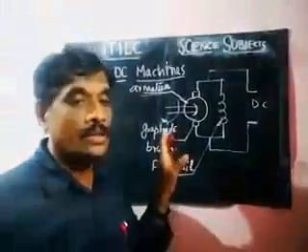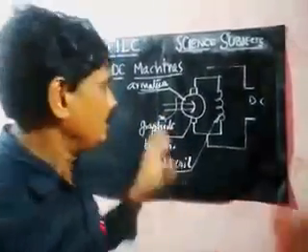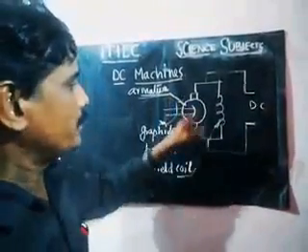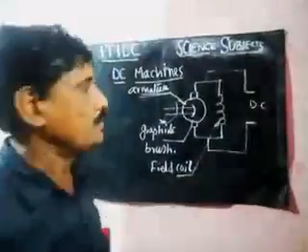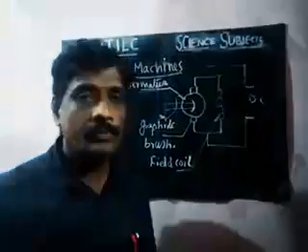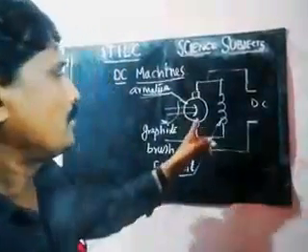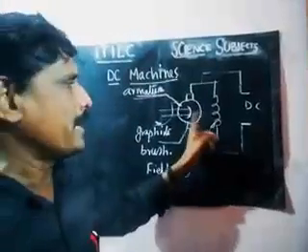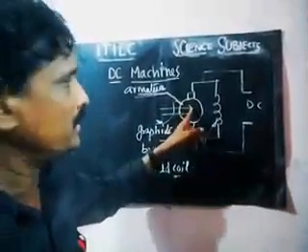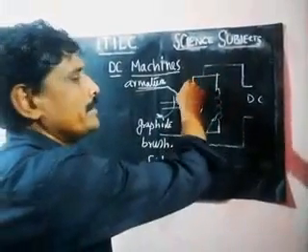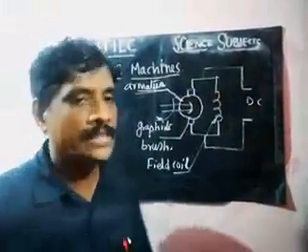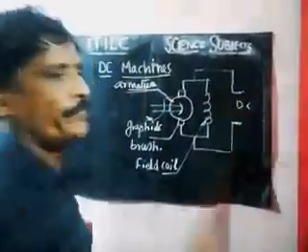Many copper conductors are there, and while the copper conductors rotate inside the magnetic field, EMF is induced according to Faraday's law of electromagnetic induction. Whenever a conductor cuts the magnetic field, EMF is induced in it, and that is taken out through the commutator and the supporting graphite brush, from which we get the DC supply.